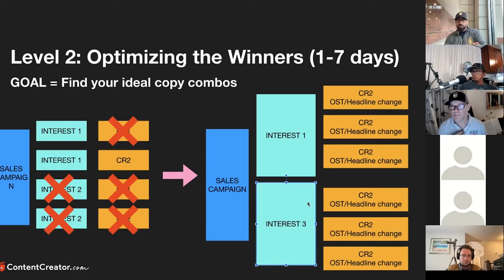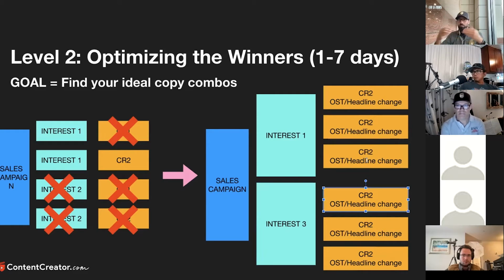Yeah. So essentially it's like, hey, we're going to be running this test for 4 or 5 days. Might as well test another interest with these and see if the top one performs in both of these. We know that headline is winning. Maybe interest 3 performs better than interest 1. And now you have a brand new interest that can be working. Right. So it's just another way. You could just run just this test.